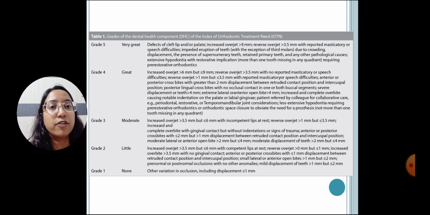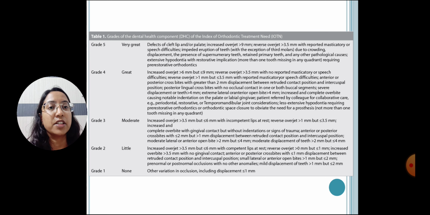In case of grade 4, where there is a great requirement for orthodontic treatment, there is an increased overjet of greater than 6 mm but less than or equal to 9 mm. Reverse overjet of greater than 3.5 mm with no reported masticatory or speech difficulties.